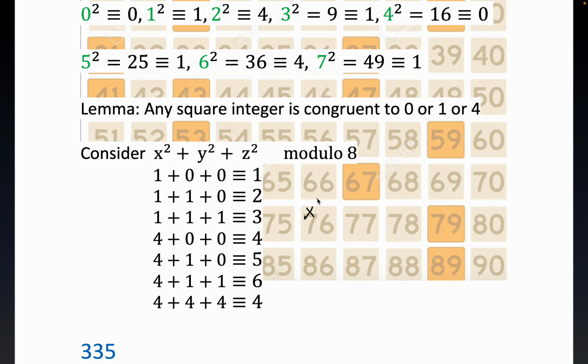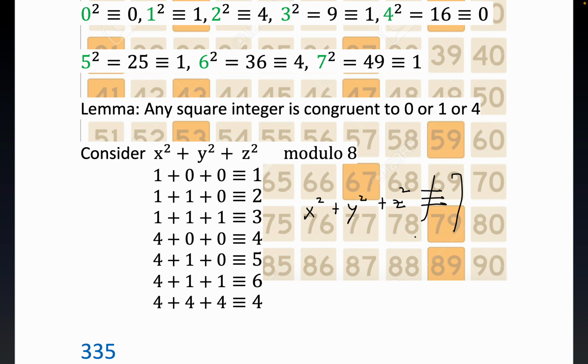So we can say that for any x, y, and z, you can pick them randomly if you want, x squared plus y squared plus z squared can never be congruent, and I'm going to write this with the slash, to 7.